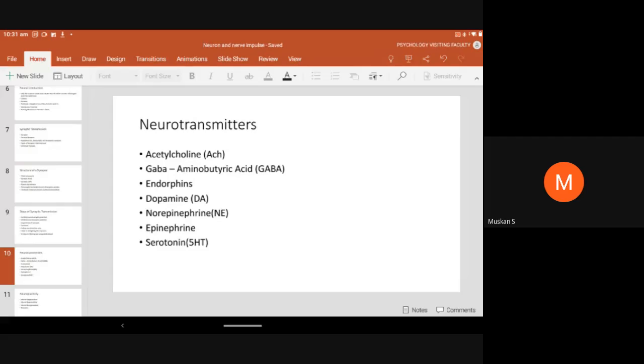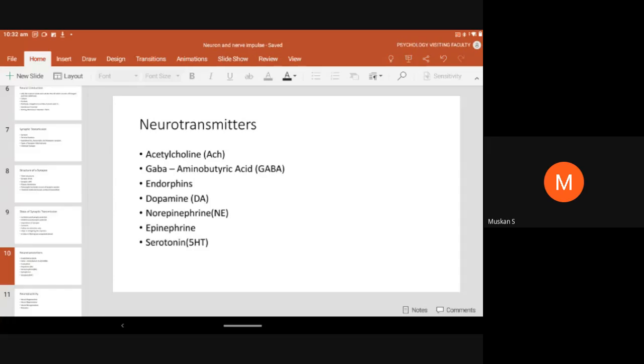So in your study material, you can find a chart, table 2.1, and there it is given what the neurotransmitters are and what the functions of these neurotransmitters are. So this is very important for short questions as well as for long questions.